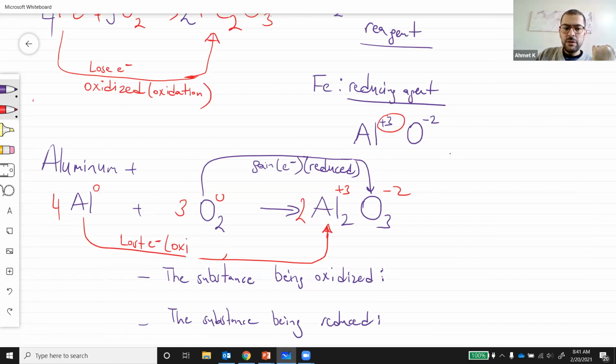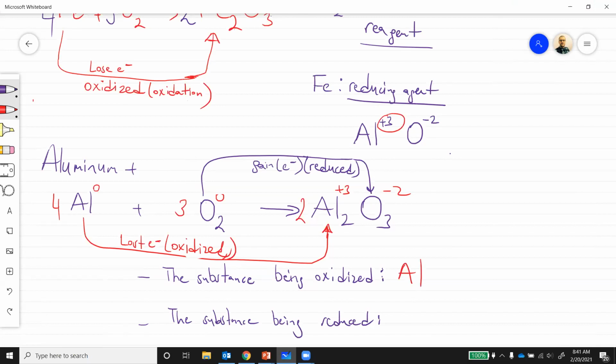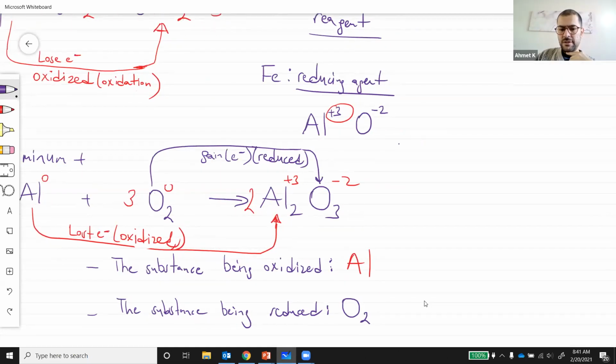However, the question is the substance being oxidized. So the substance being oxidized is what? Aluminum. And the substance being reduced is oxygen. But if I ask you which one will be the oxidizing agent? Oxygen, because if you're causing the other one to oxidize, then you are an oxidizing agent.